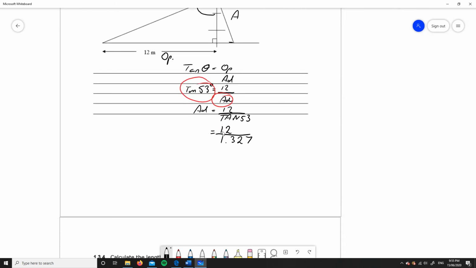So 12 divided by 1.327 is going to give me approximately 9 meters.